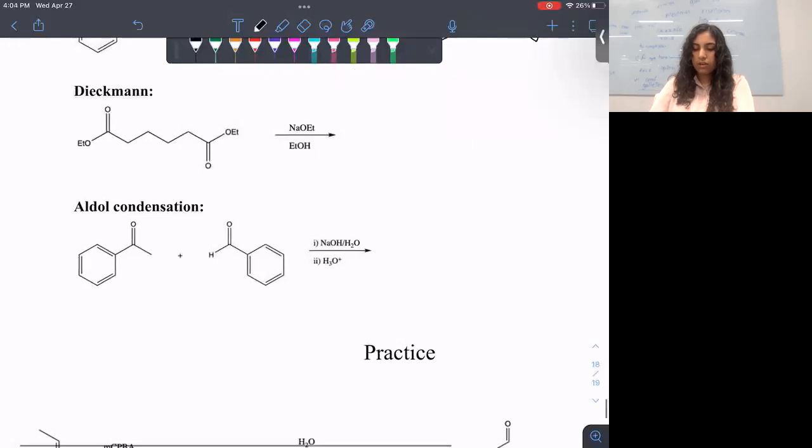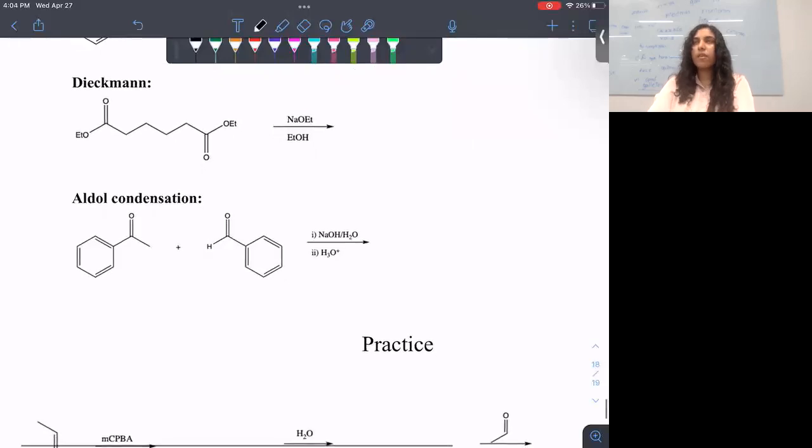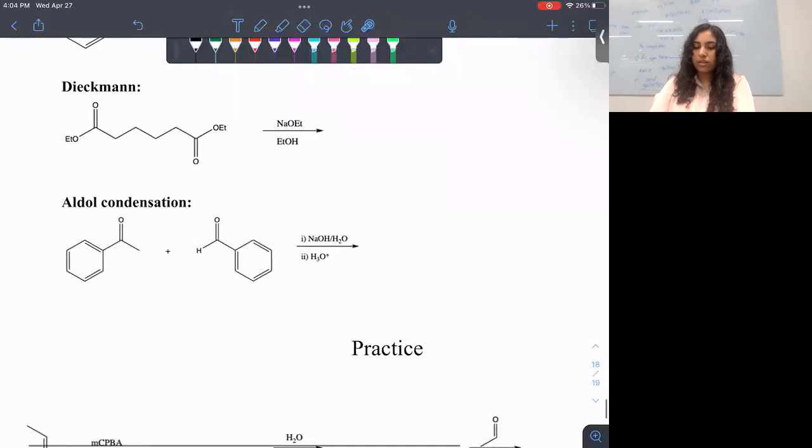If you're doing a condensation within the same molecule, so just intramolecularly, it becomes a Dieckmann condensation. So whenever you see this kind of thing, like 2 carbonyls on either end of a long chain, you know it's going to be this kind of condensation.